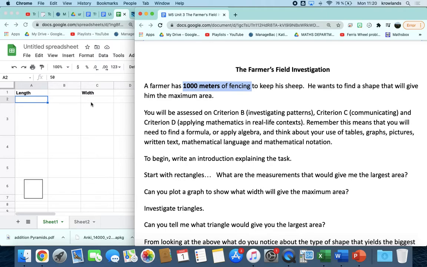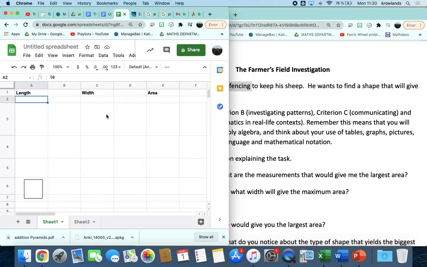So what we're going to start off with is a shape that gives us 1,000 metres, but also represents fencing which is in a square pattern.